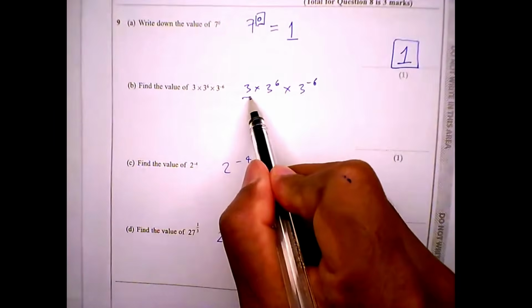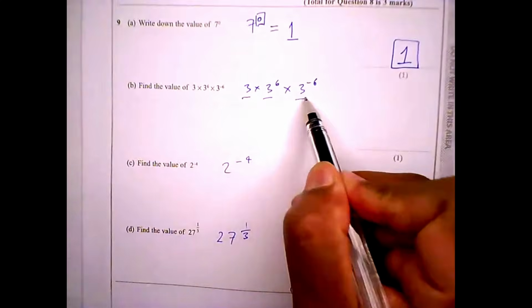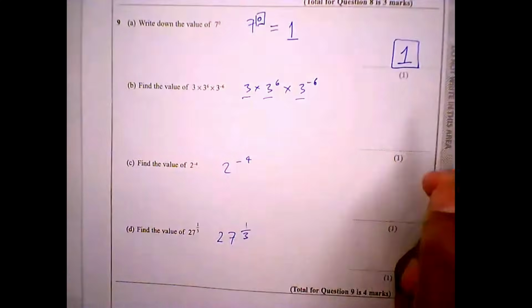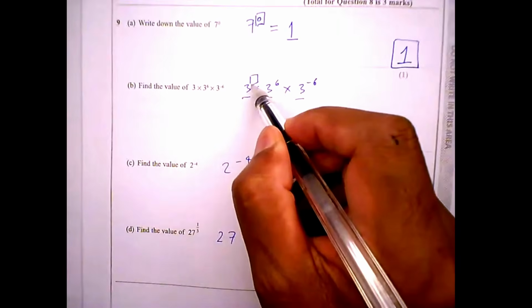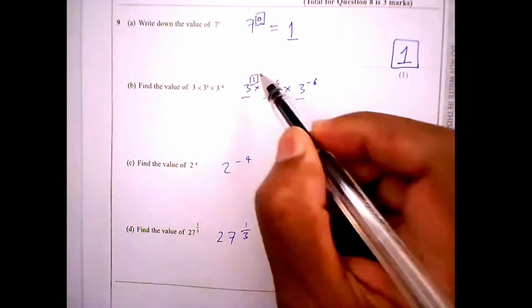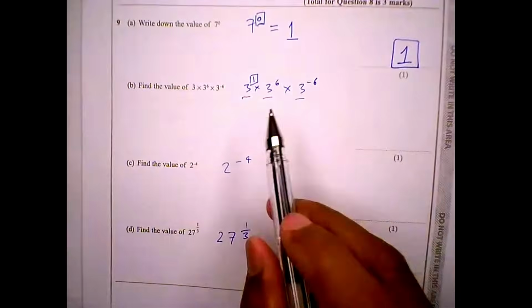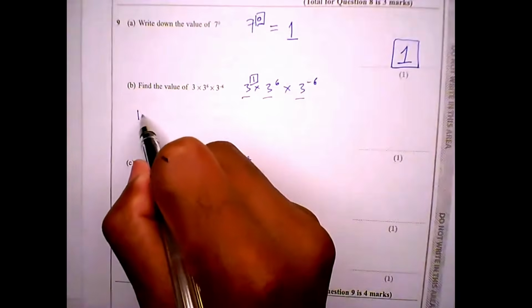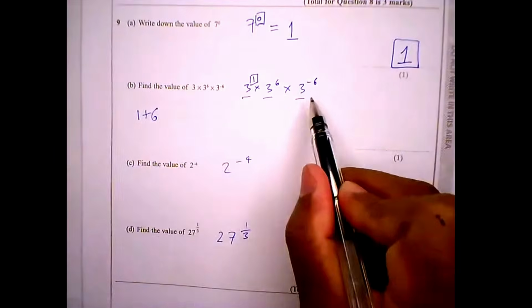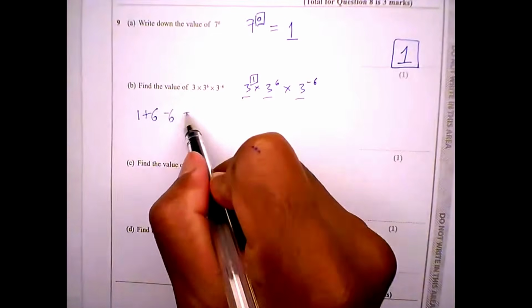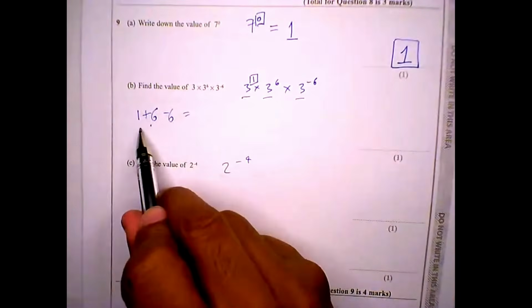Here we spot that we've got 3, 3, 3. So 3 is the base. So we can ignore that. We've got 3 when it's by itself. It's got a power. There's an invisible 1 there. So now all I have to do is add the powers. 1 plus 6, take away 6. 6 take away 6 is 0, so that's just 1.